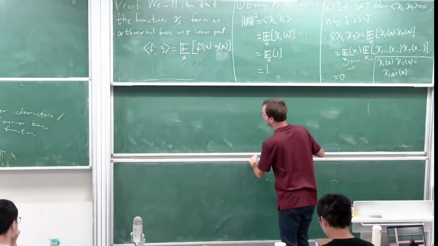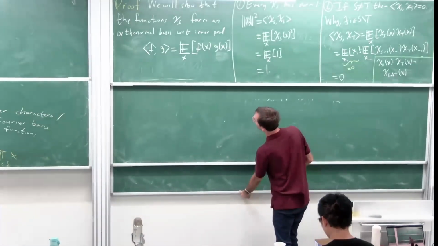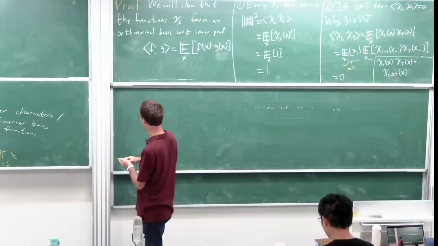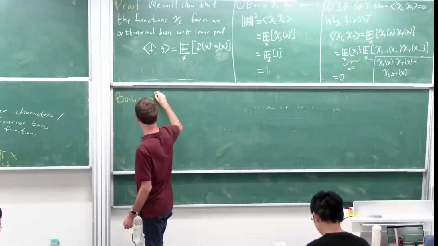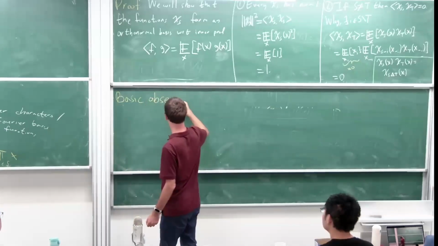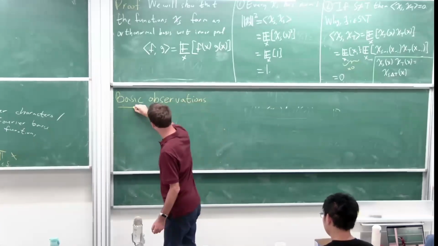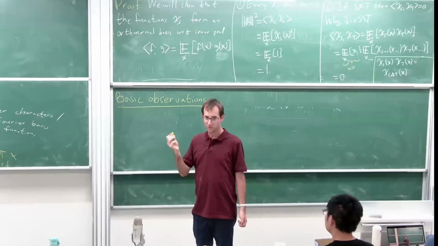Okay, so as a consequence, let's see some basic observations, and they're all more or less going to follow from the Fourier characters forming an orthonormal basis.